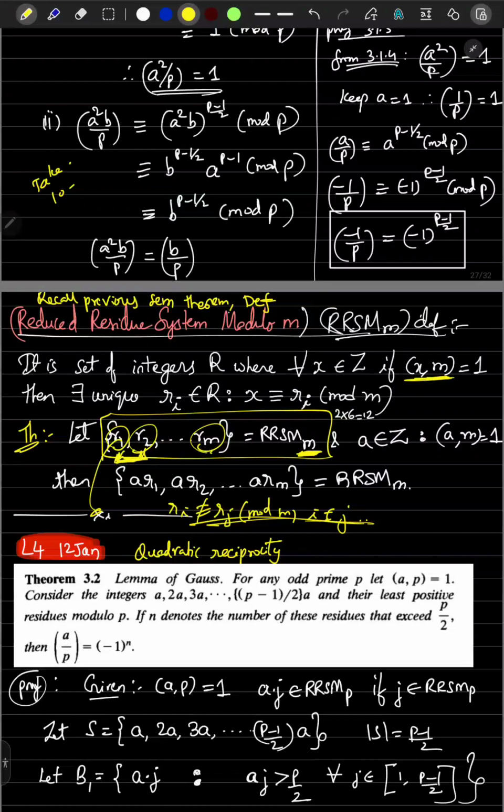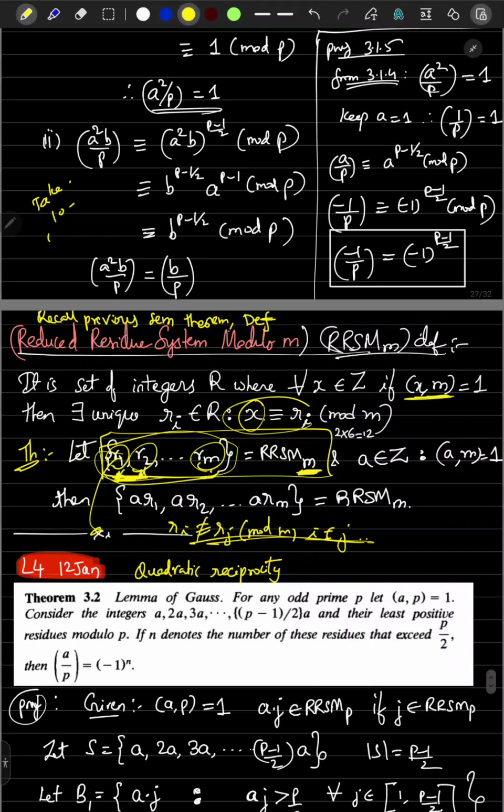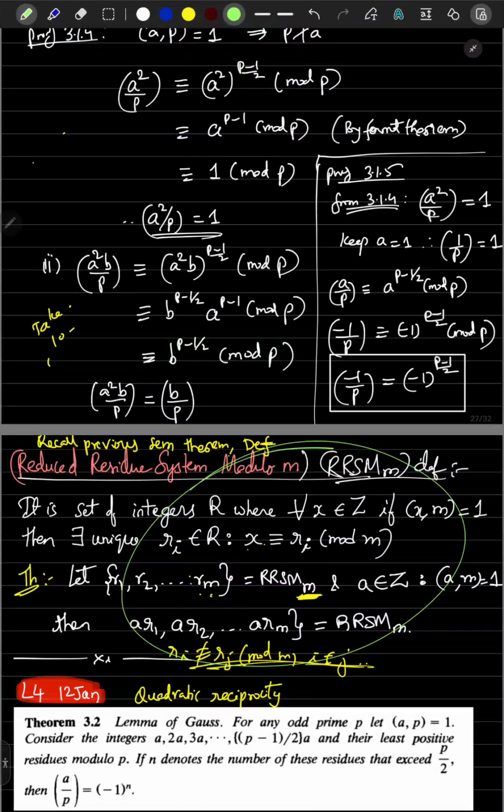If it is so, then compulsorily there will be one element in this set such that that element and this element are equal. Even though it looks like 10 crores, on taking it mod m, it will reduce to a particular number. Okay, see, this is like RRSM.